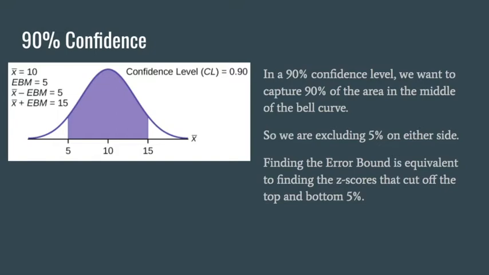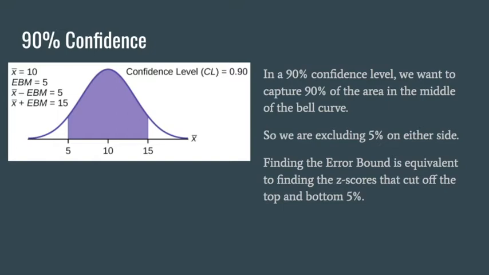So see here, the purplish shaded region goes from 5 to 15. Whatever scenario this graph is describing, we have a sample mean of 10 and a margin of error of 5. And so 10 minus 5 gives us 5, 10 plus 5 gives us 15.